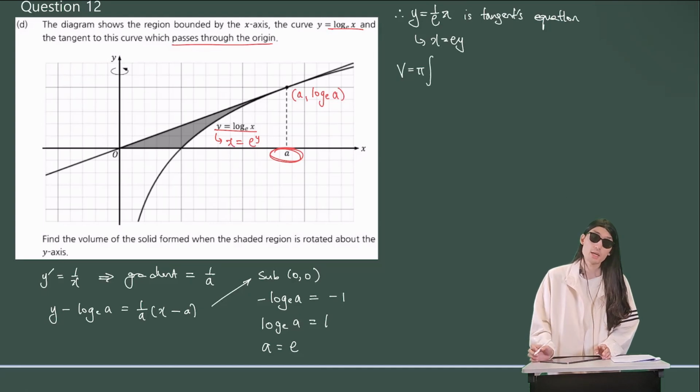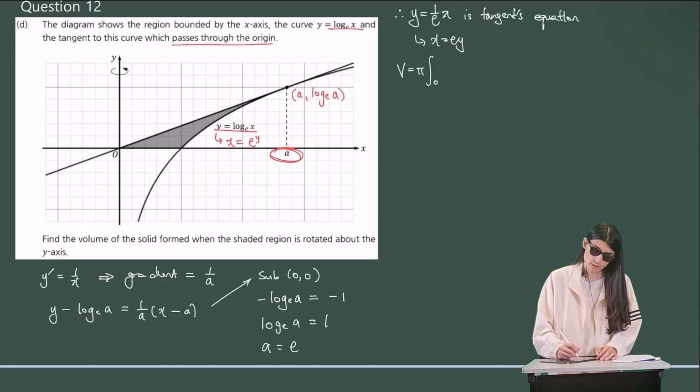When the shaded area is rotated around the y-axis, then the volume should be pi times the integral taken from 0, and what we just found is that this y-coordinate is 1 because this a value is e.